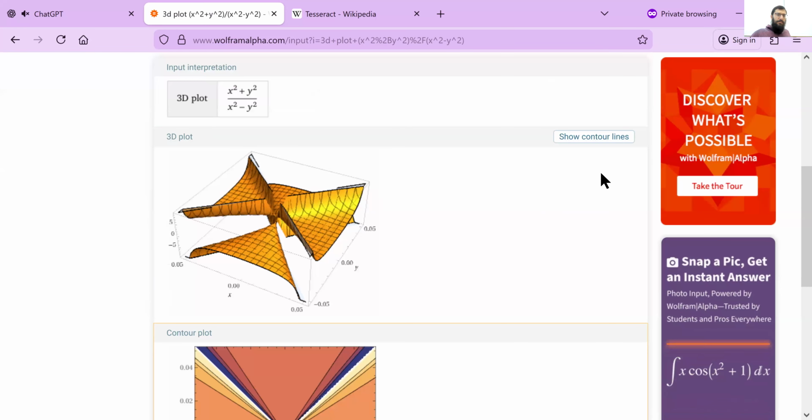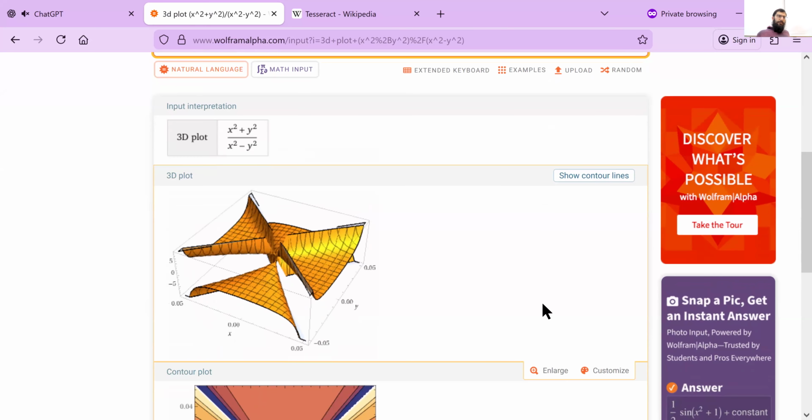See the graph. When you're going to the point 0 here in the center from different directions, you will get different values of the function f. Very nice.